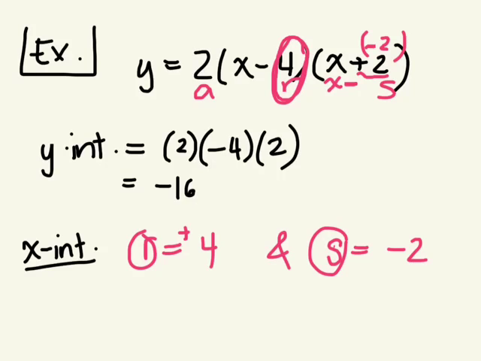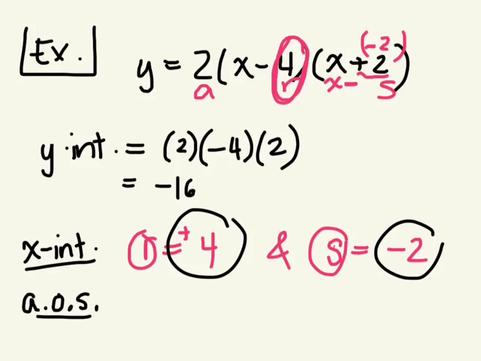If you know the x-intercepts, can you find the axis of symmetry? Yes. The axis of symmetry is always in the middle of the x-intercepts, because a parabola is symmetrical. So halfway between those two x-intercepts. How would I find the axis of symmetry? We need to find the midpoint of the x-intercepts.